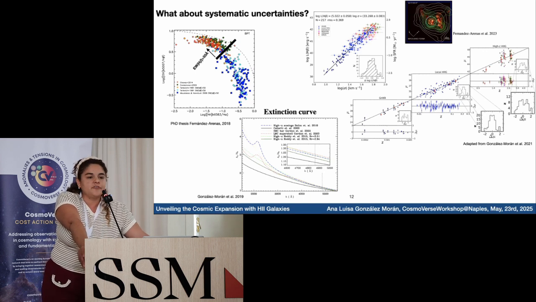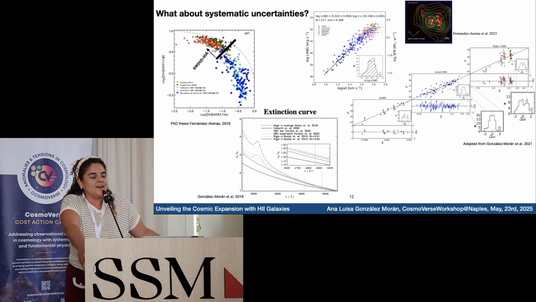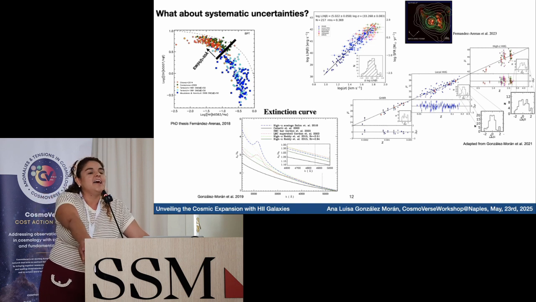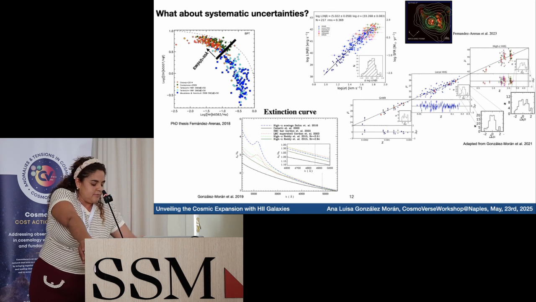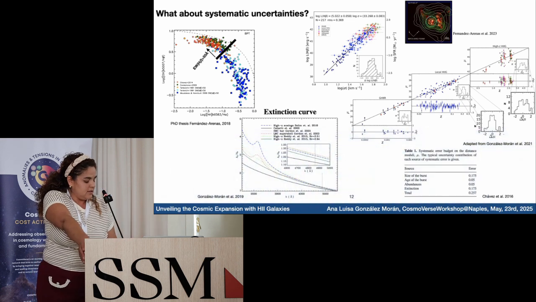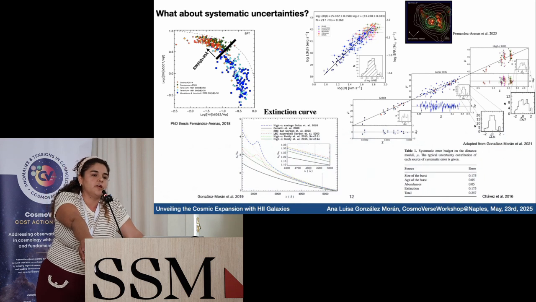This is something that we have done for our local sample. We have analyzed the systematics, but I'm not going to talk about that because my work is more on high redshift. But yes, we have a very good idea of what the systematics are, and in this paper, Chavez and collaborators 2016, we estimate a systematic error budget in the distance modulus.